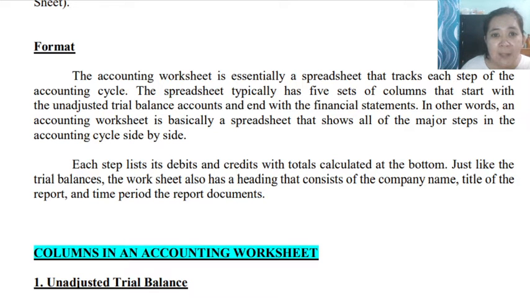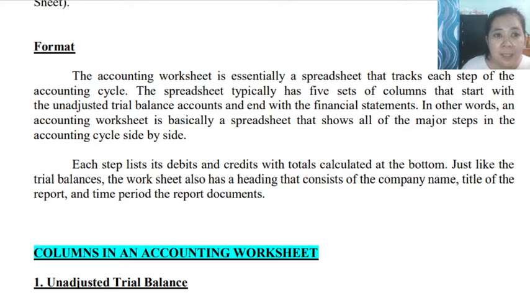Here, we will be starting with the unadjusted trial balance accounts. As mentioned earlier, the final output will be the financial statements, or in this case, we can prepare our income statement and balance sheet.